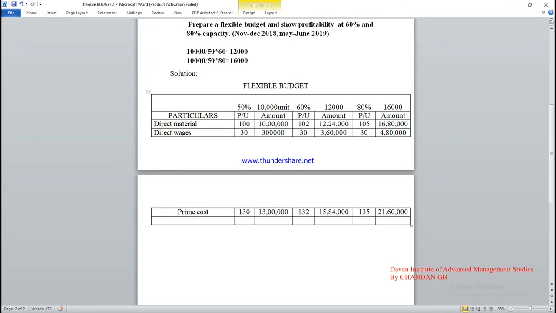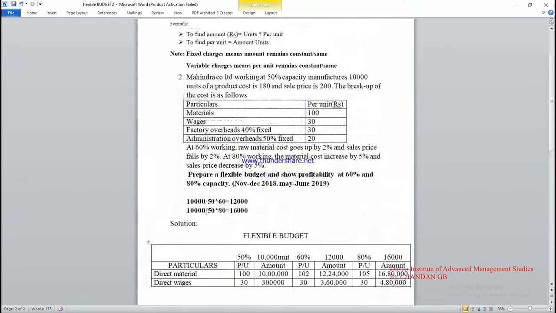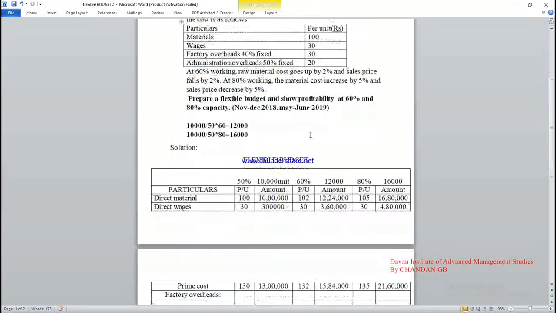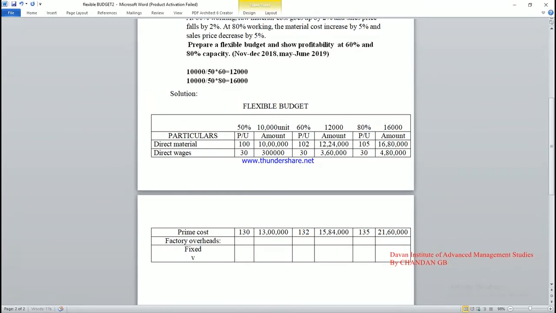Next is factory overheads. Under factory overheads, check out the question. They have given factory overheads, 40% fixed, rupees 30. So out of that, fixed and variable.